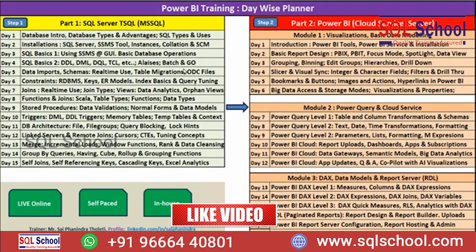I will be the trainer, and I am the only trainer from our school for SQL and Power BI technologies. If you're aware of SQL, you can directly go for Power BI. If not, let's step into SQL first, then you can opt for Power BI one after the other. There is a dependency.